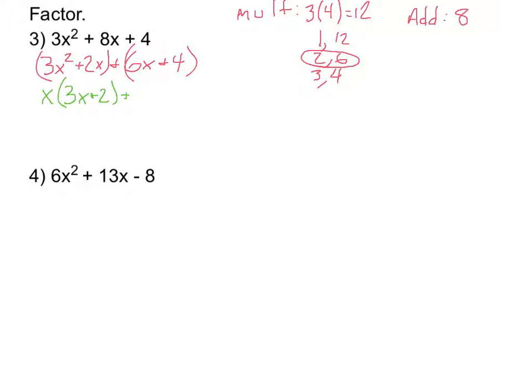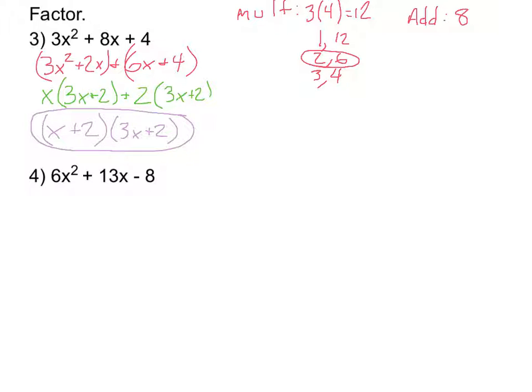Plus, and between 6x and 4, the only thing I can take out is a 2, leaving me with 3x plus 2. My parentheses do match, so I can keep going. We'll finish with, well, we have x plus 2 that we can pull out of each of those, leaving me with 3x plus 2. And there we are.